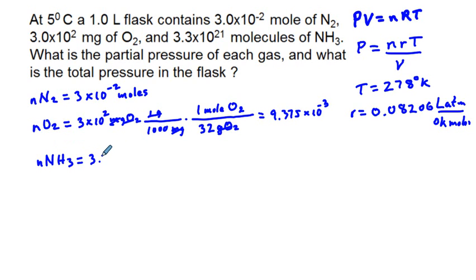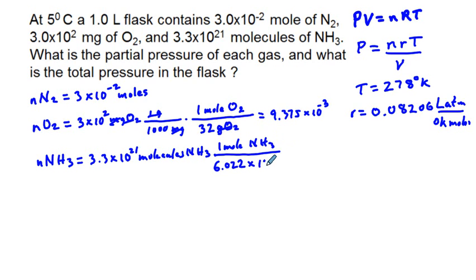So we're going to have 3.3 times 10 to the 21st power molecules of our NH3, and we're going to multiply that by 1 mole of NH3 per this number right here, 6.022 times 10 to the 23 power molecules of NH3.